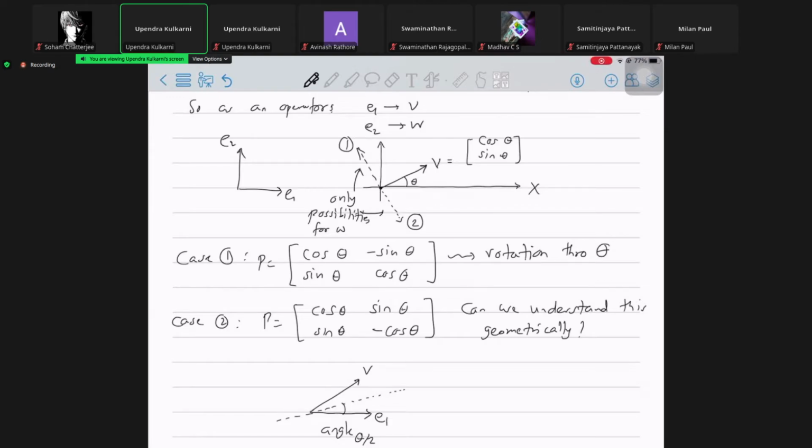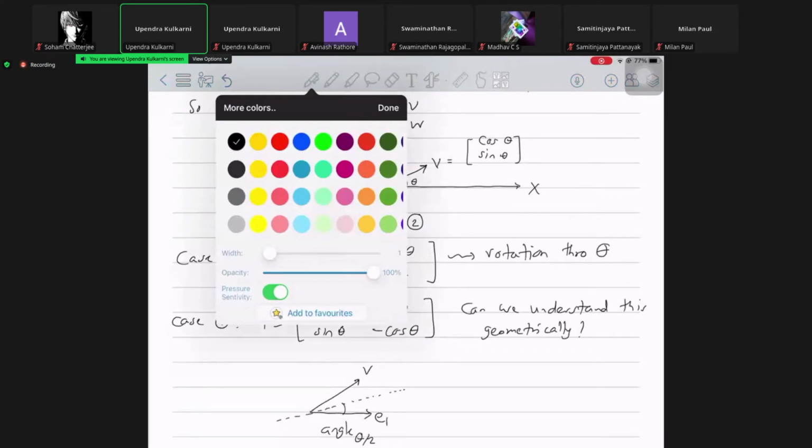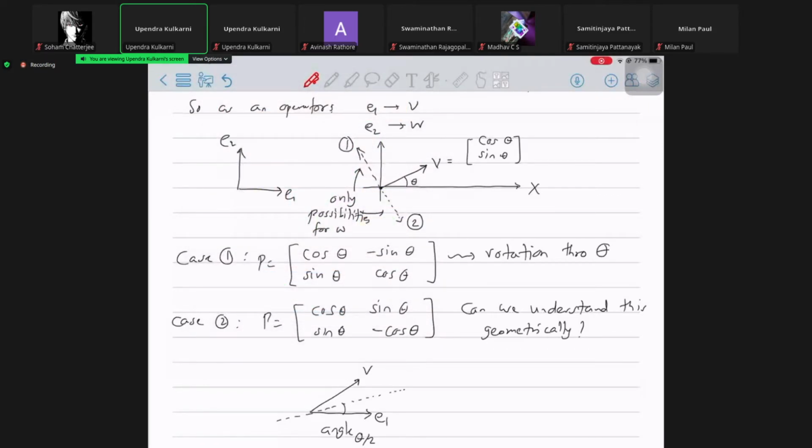So now it is a matter of checking that E2 is also going to the right place. Let me see if I can do a reasonable job here in this picture. Let's draw a different colored line over here. If I draw this line and think of this as a mirror, then notice that E1 and V are symmetric around it, but as are E2 and the second possible position of W. Do you see this? Maybe turn your head a little bit and see that they are also reflections of each other.